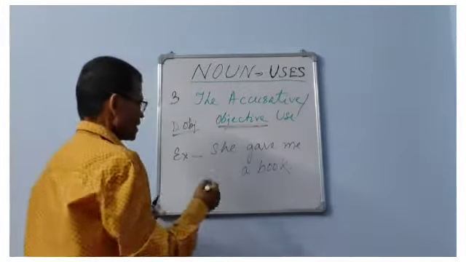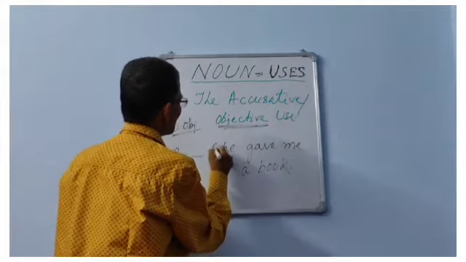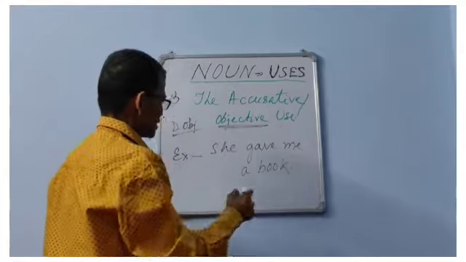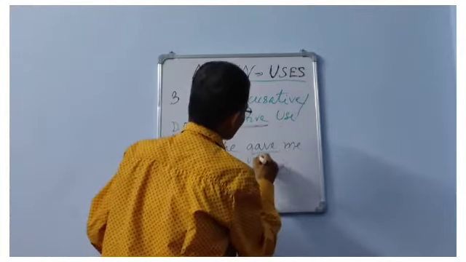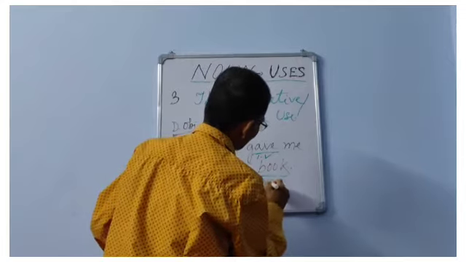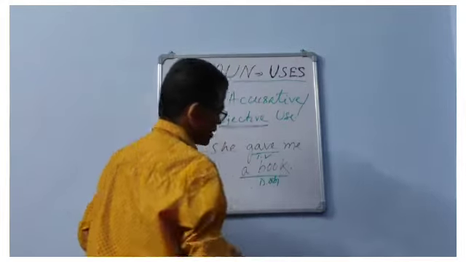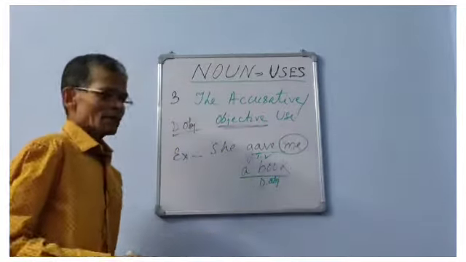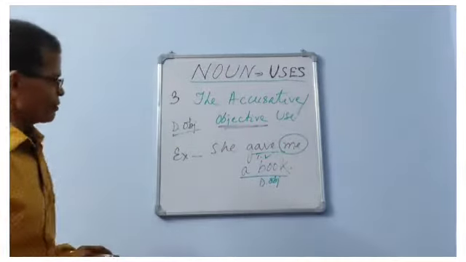Okay, she gave me a book. Now here gave is the transitive verb and a book is the direct object. Okay, and this one I will tell you in the next use of this noun.